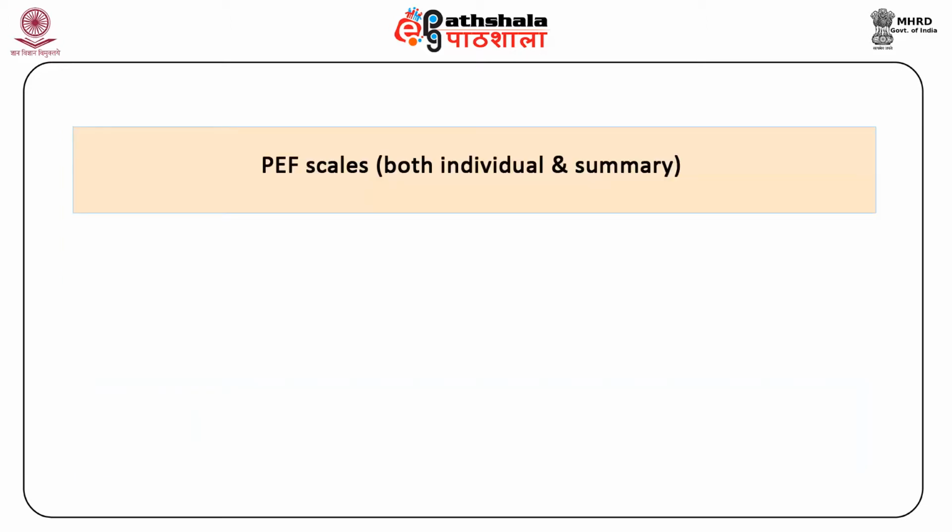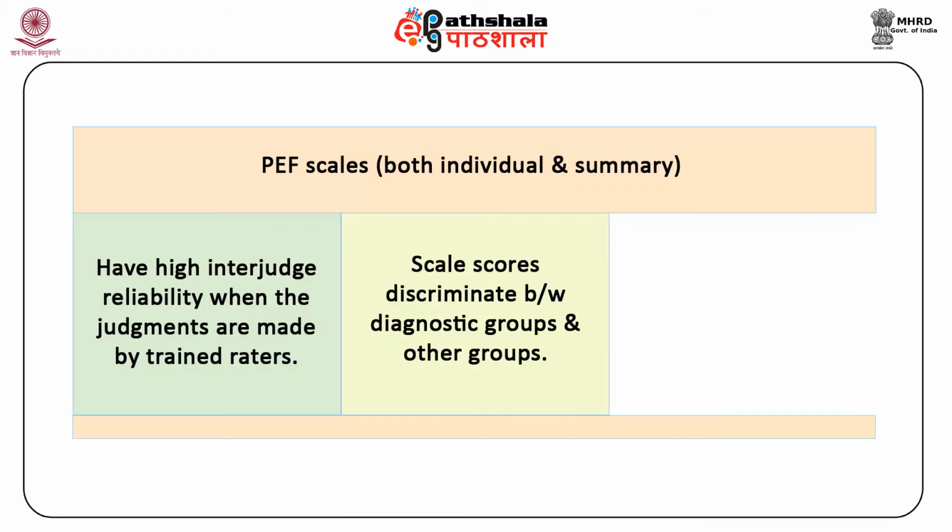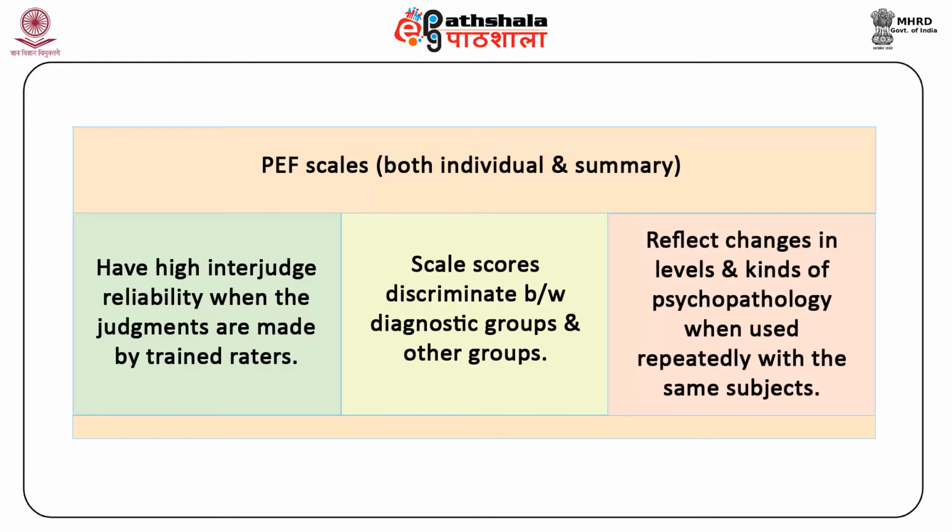The PEF scales, both individual and summary, have been shown to have high interjudge reliability when the judgments are made by trained raters. The scale scores discriminate between diagnostic groups and other groups expected to differ on various dimensions and reflect changes in levels and kinds of psychopathology when used repeatedly with the same subjects.